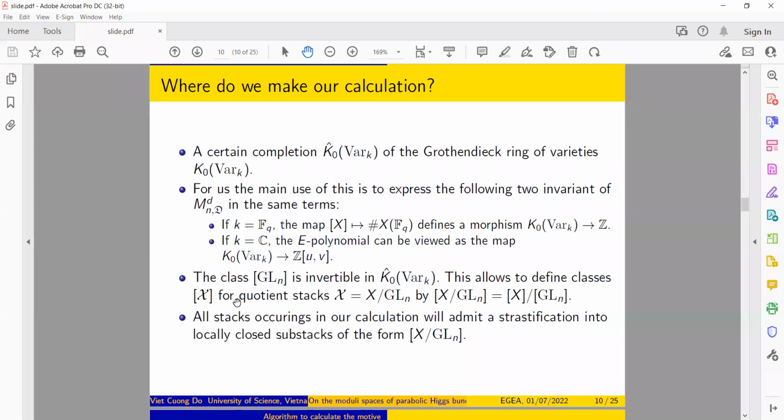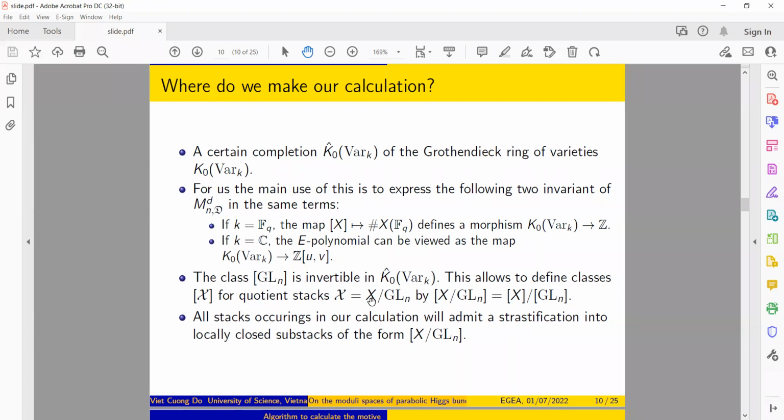and the best choice I think here is that we can use the Grothendieck ring of varieties over K. But for some reason we need to add something, for example, the class of A1 must be invertible, so you must add something like that to this ring.